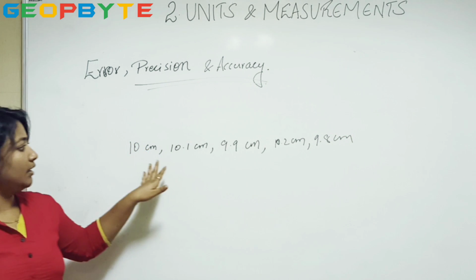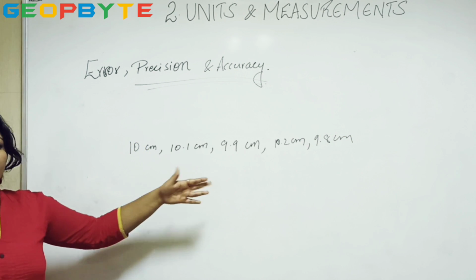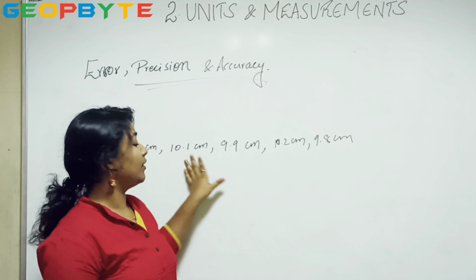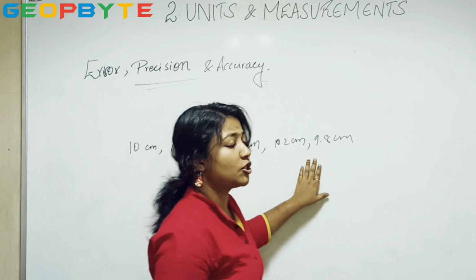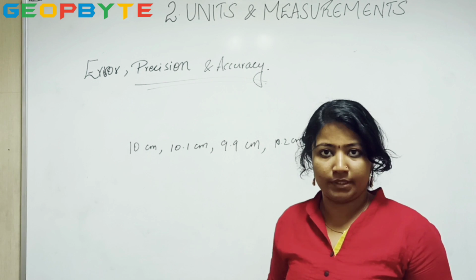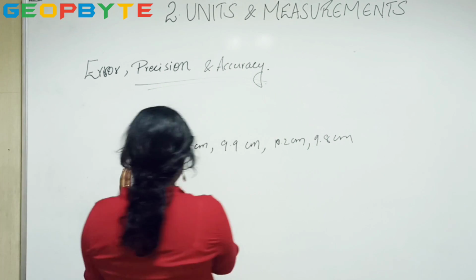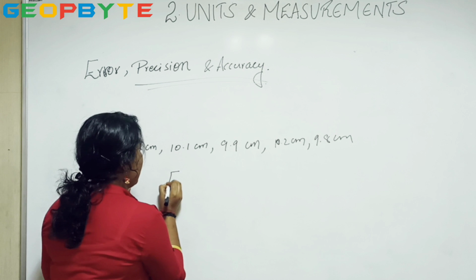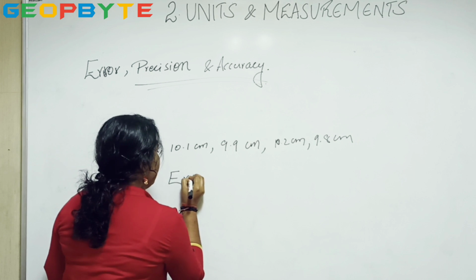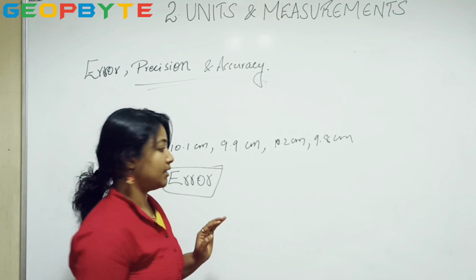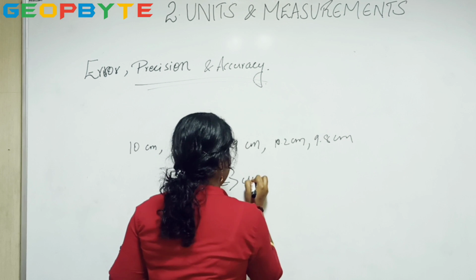So I got different values for the measurement of the same wire. This uncertainty in measurement is known as error. Error is the uncertainty in measurement.